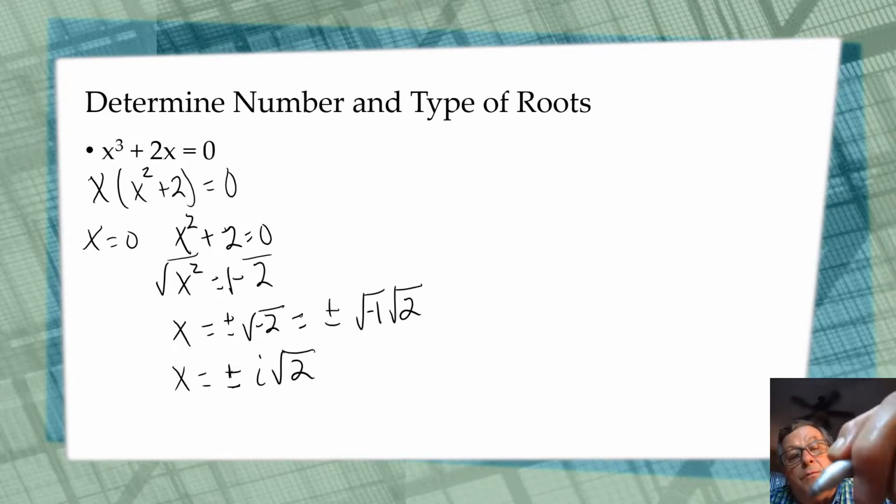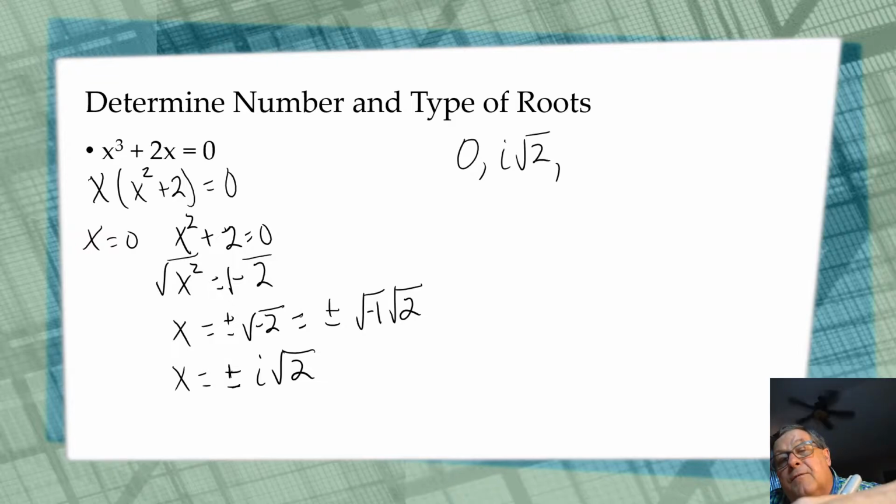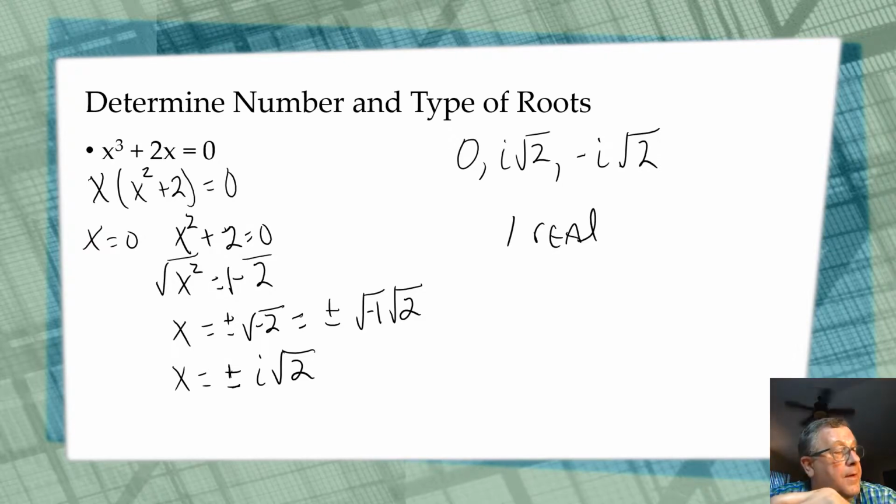So our zeros are 0, positive i square root of 2, and negative i square root of 2. And let's see the type of roots. Well, we got 1 real and 2 imaginary.